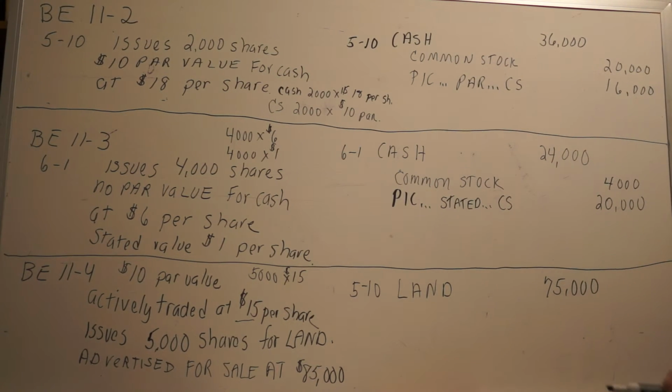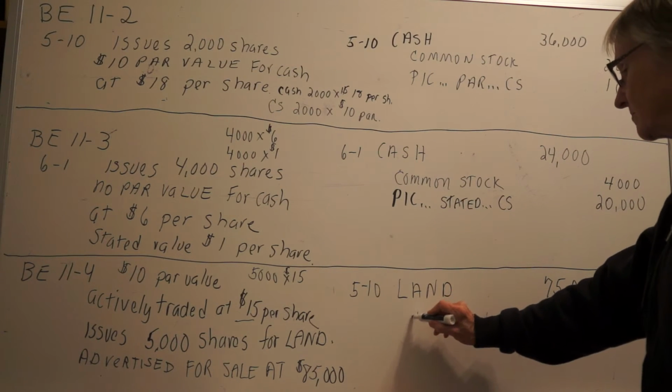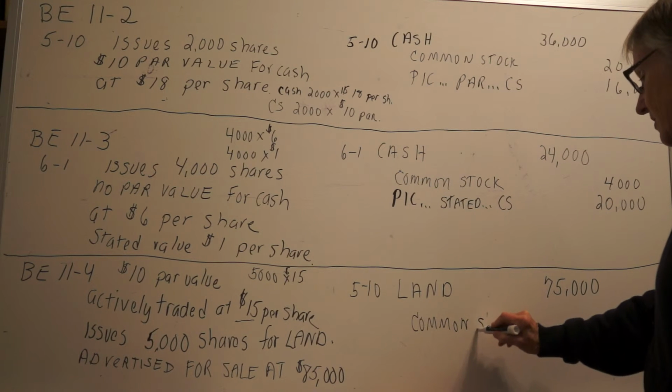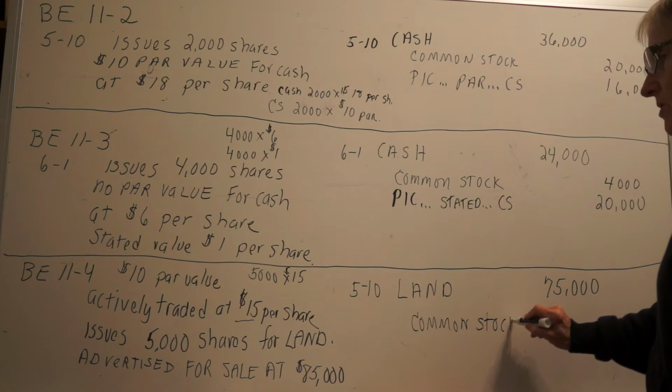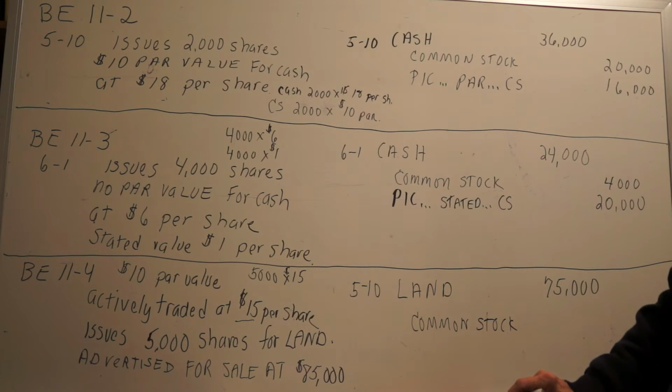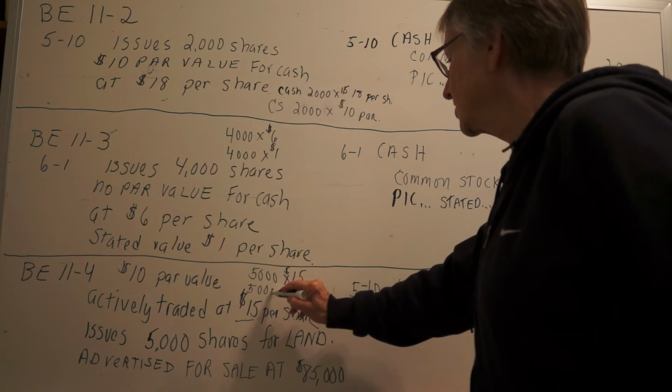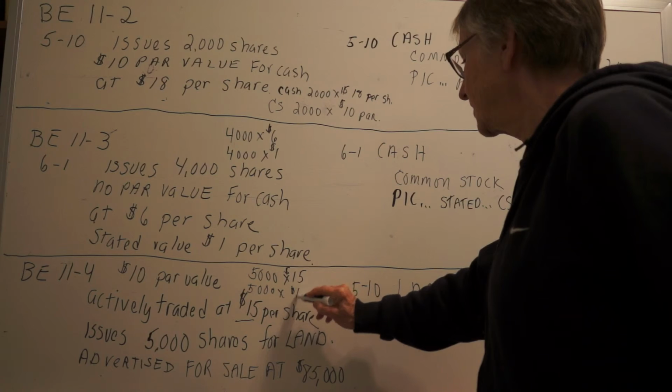And then we have to allocate between common stock, and that's just going to be those 5,000 shares times the $10 par.